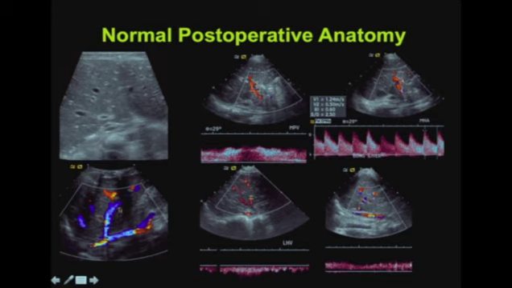So here we see a hepatic vein coming into the IVC, and here we have antegrade flow into the portal vein, and here is the left hepatic venous waveform, hepatic arterial waveform with good systolic upstroke and diastolic flow. Here is some normal spectral waveform pattern within the inferior vena cava.